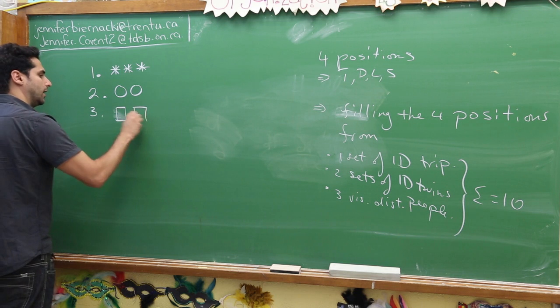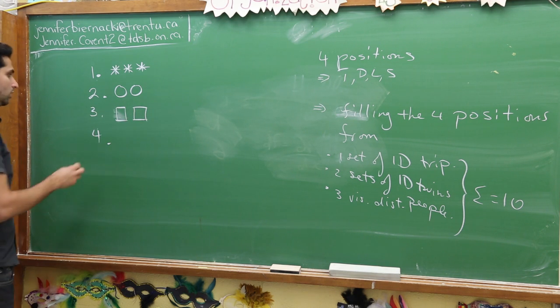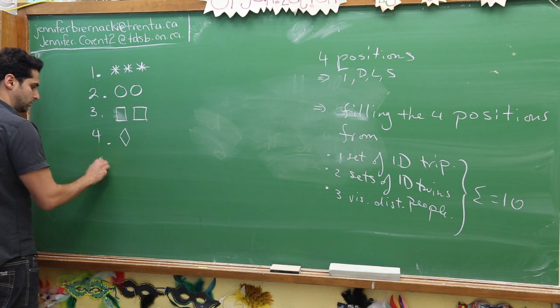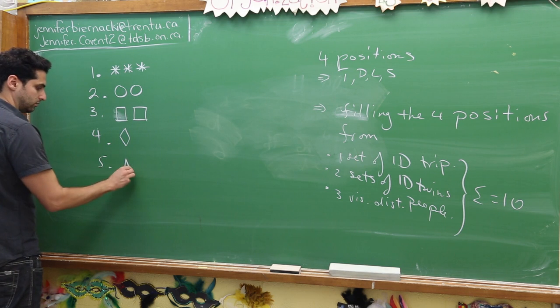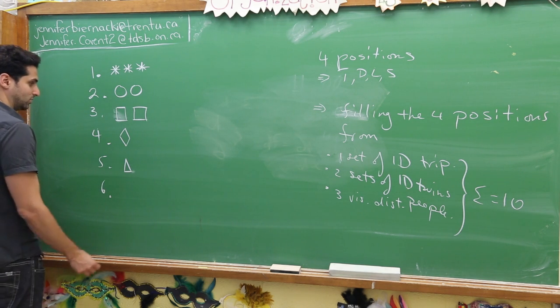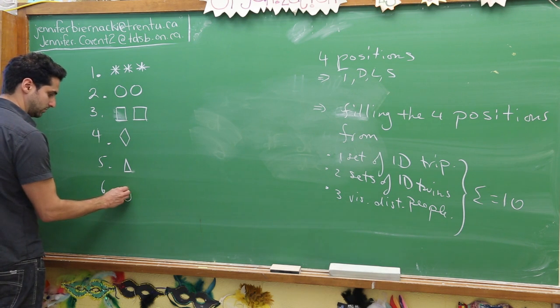And what else do we have? 3 visually distinguishable. Okay, so I don't know. Diamond, triangle, and, I'm not doing a hexagon, I'm going to do a parallelogram. Smiley face.